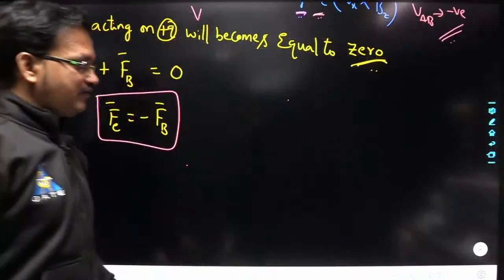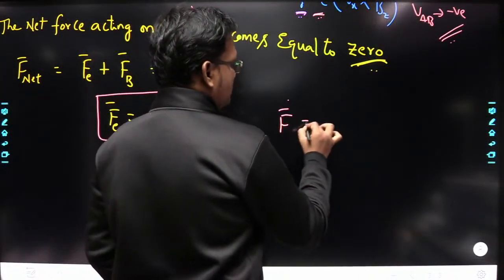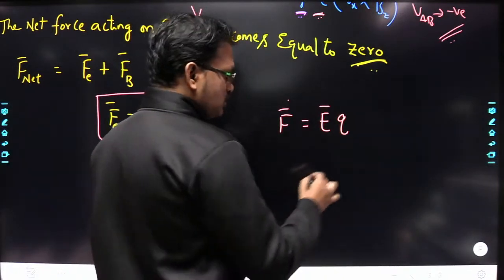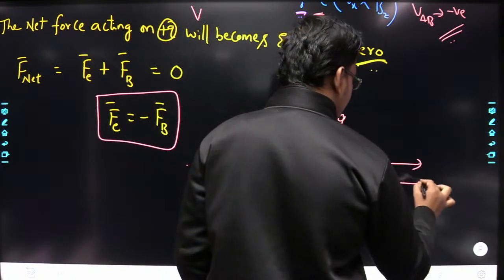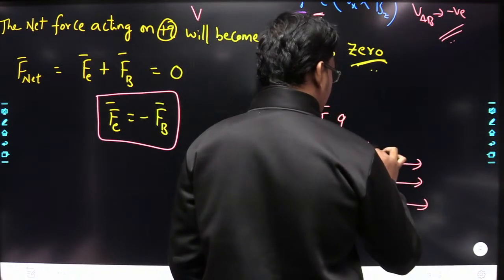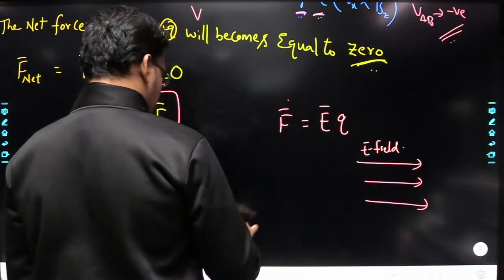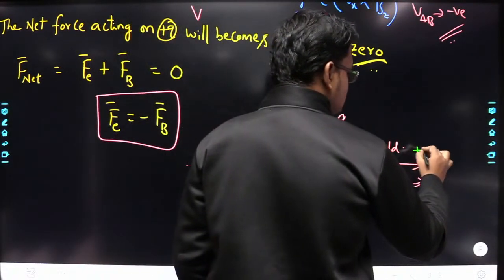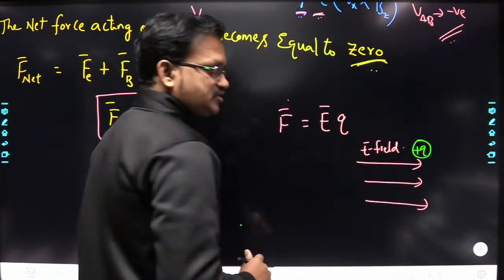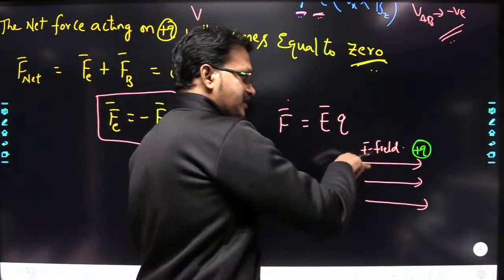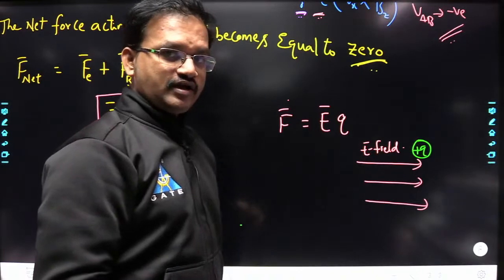Whenever you have F bar equal to E bar into Q, yes or no? If the electric field is present in this direction and you place a positive charge in this field, then it is going to experience a force along the direction of the field.